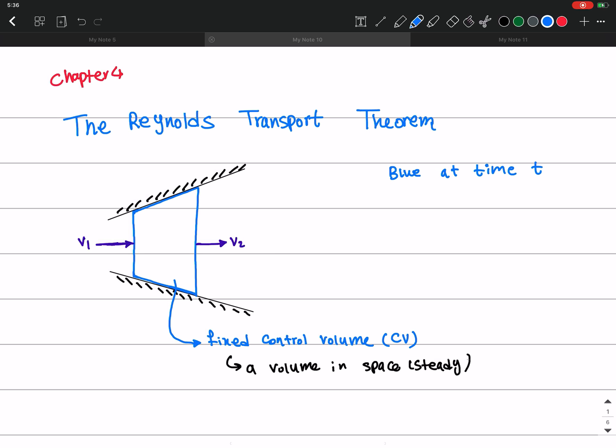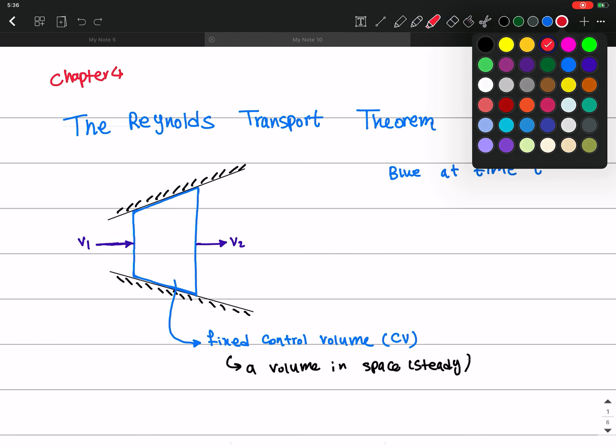And then say this fluid that is inside this volume is gonna move, right? It's gonna move with time. It's gonna go to the right, right? So I show the fluid at time t plus delta t with a red line. So let's see how the fluid evolves.